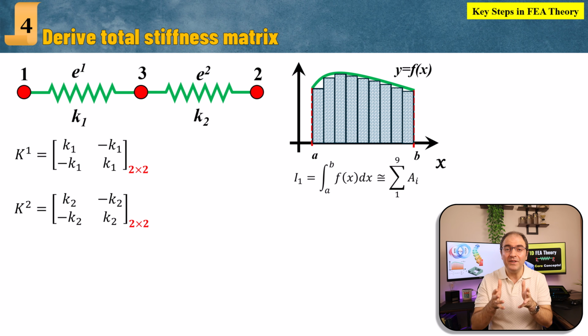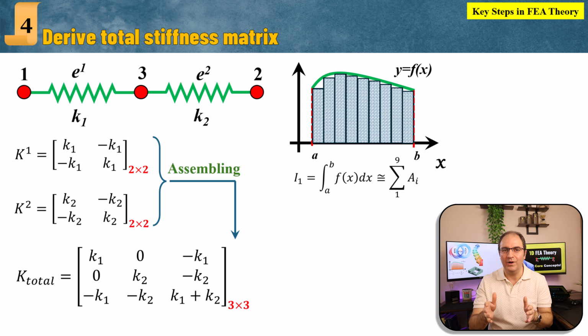To build the total stiffness matrix, we need to assemble these element stiffness matrices into a single matrix that accounts for all the degrees of freedom in the model. This is called the assembly process. This process is not just simply done by adding the 2x2 stiffness matrices, because that would result in another 2x2 matrix.